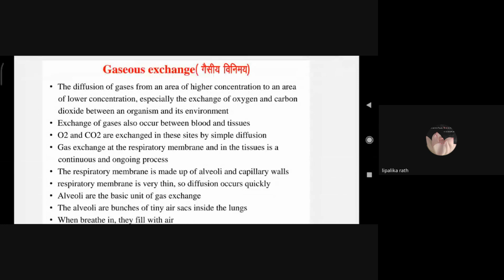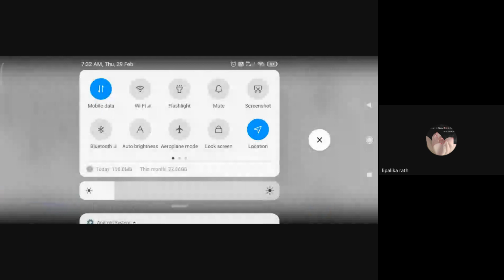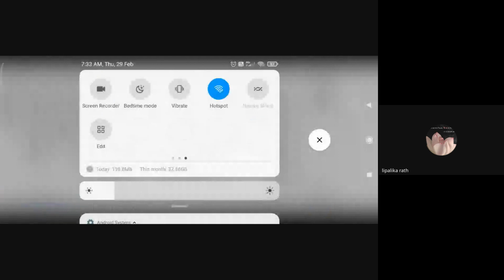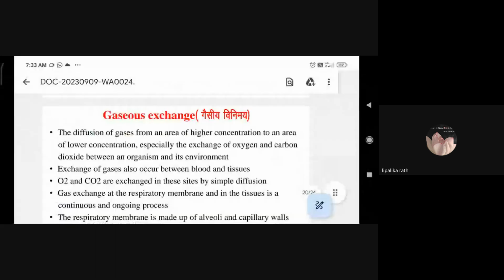So what is gaseous exchange? I think we have already discussed this concept so many times, right? This is the exchange of gases from higher concentration to lower concentration, as oxygen is highly concentrated in alveoli when we are inhaling, and it is concentrated low in capillaries.